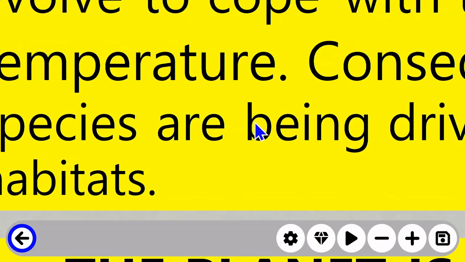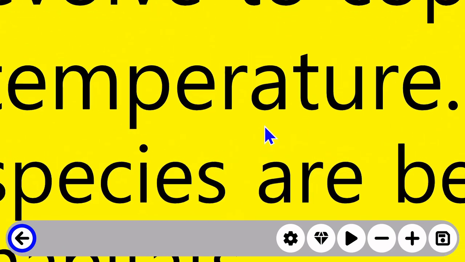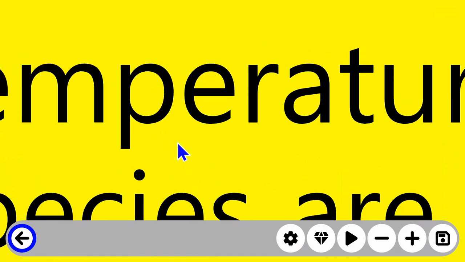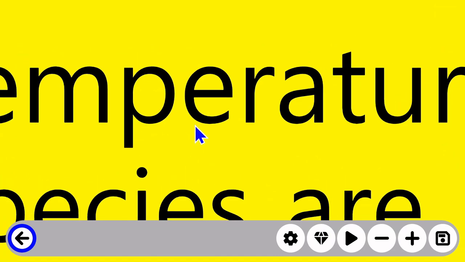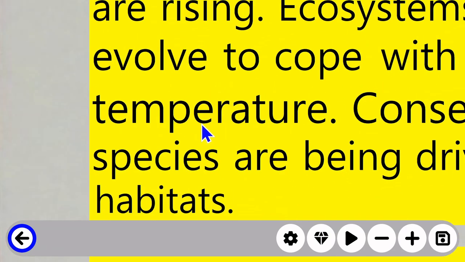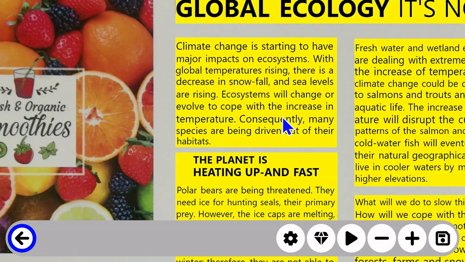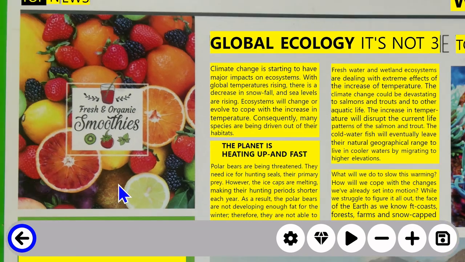So I basically have a font that is pure and perfect. There is no loss of clarity around the edges of this at all. You can zoom back out onto it here. So that's what it means when OCR is turned on. Let's tap this back arrow. We've captured it here. Let's tap this back arrow here again.